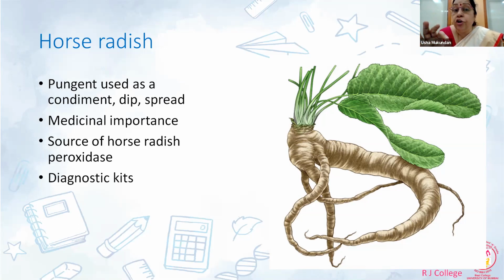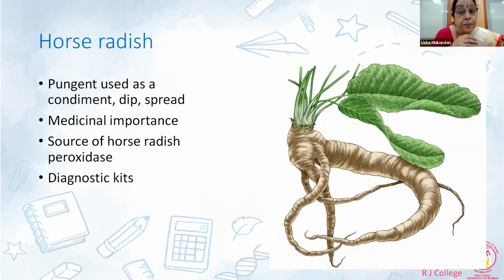See, the moment you cook radish, you get isothiocyanates and sulfur-containing compounds, a very strong smell. Similarly, horseradish also has a very strong smell and it is very pungent. But people start developing a taste for that pungency, due to which it is used as a spread. The botanical name is Armoracia rusticana and it belongs to family Brassicaceae or Cruciferae.